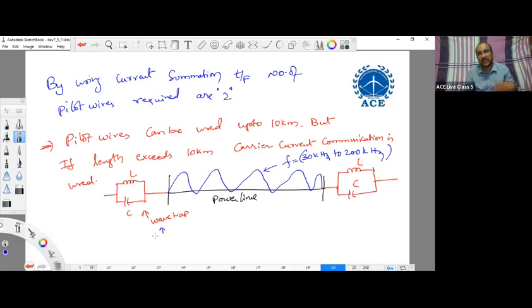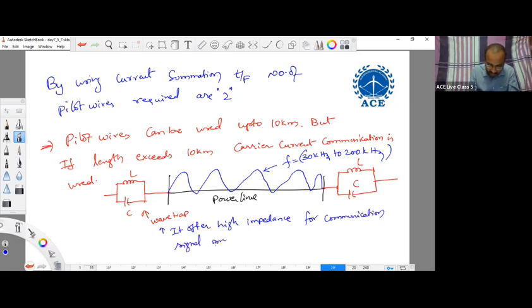It offers high impedance for the communication signal and low impedance for the power signal.